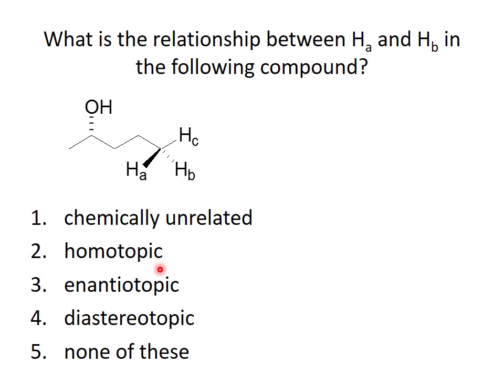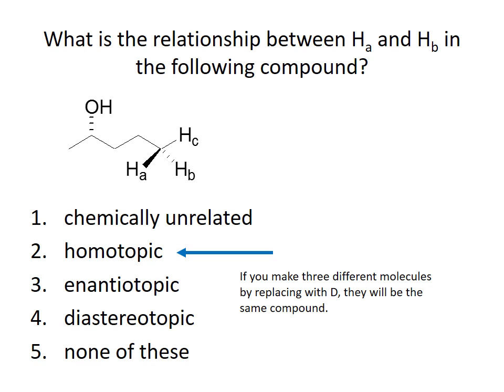They're not diastereotopic because you don't make diastereomers. They are not enantiotopic because you don't make enantiomers. I should have said diastereomers, sorry. So what are they? They are homotopic because they are identical. When you replace each of these with deuterium, you end up with identical compounds. So they are homotopic.